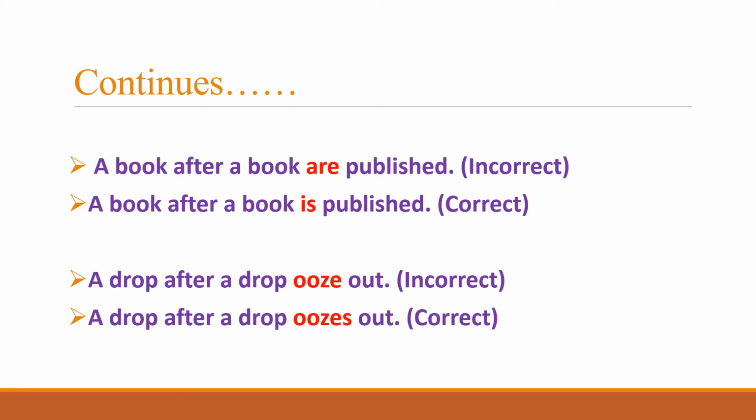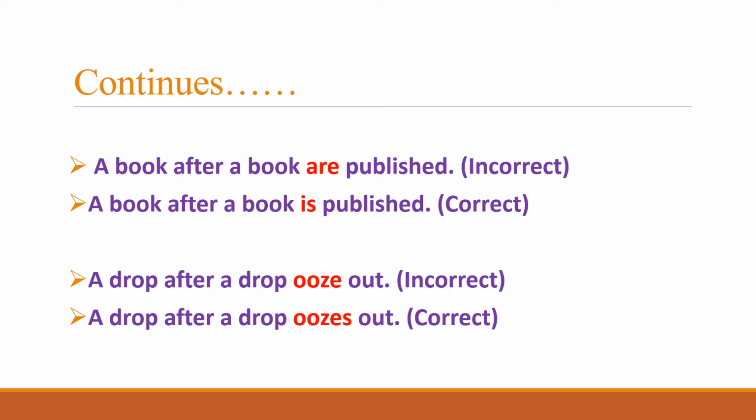Here we see that are has been replaced by is. Why? Because are is the plural verb and is is the singular verb, and in such constructions we are grammatically required to use the singular verb instead of the plural verb.